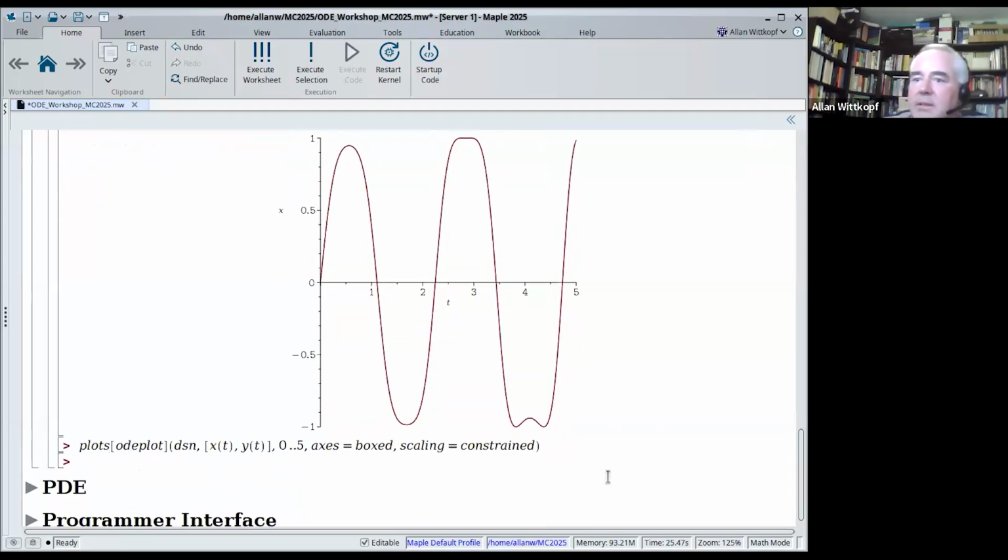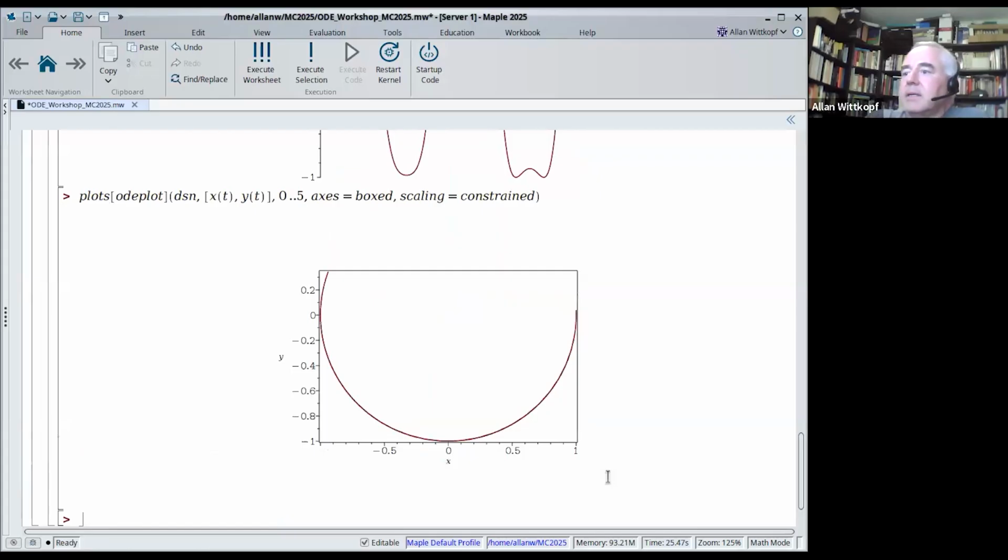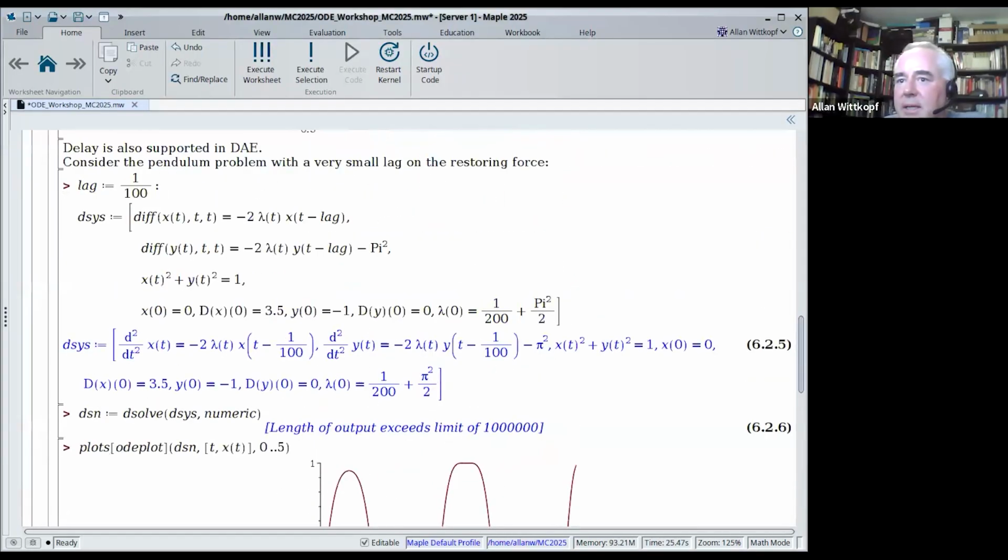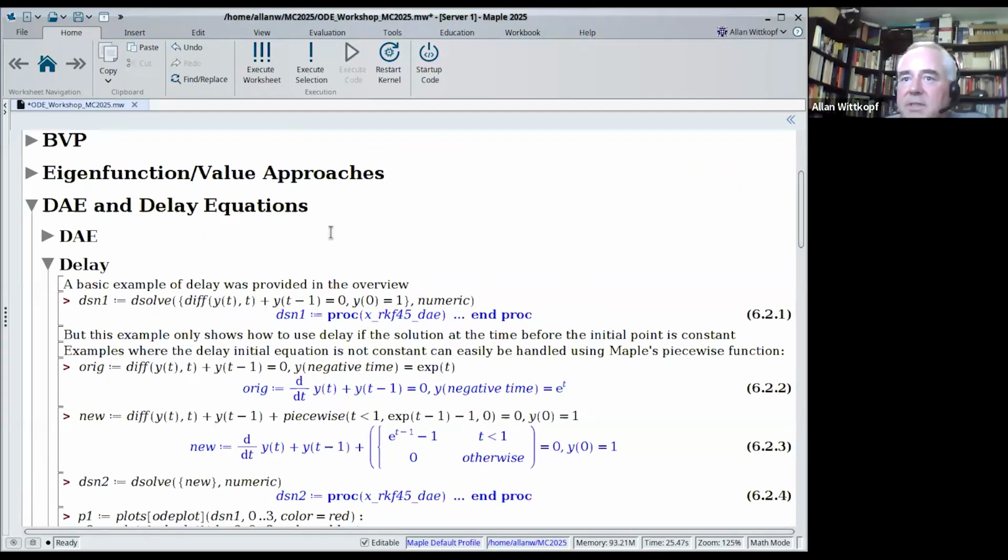If we look at this, we still are at least on the unit circle, which we expect because the constraint has to be satisfied. But with that lag in place, we're getting unsymmetric behavior with respect to the swinging of the pendulum. So lag and delay are supported in DAEs as well.